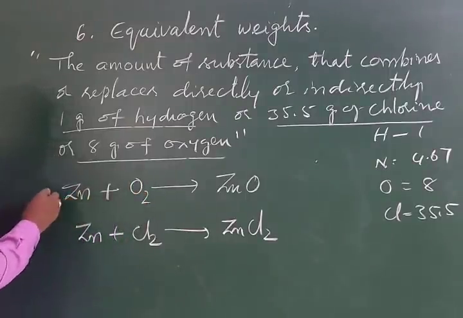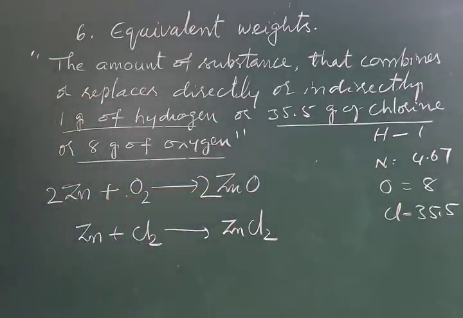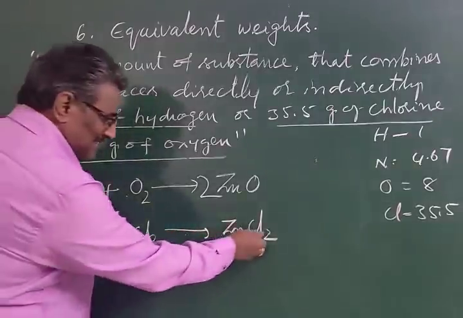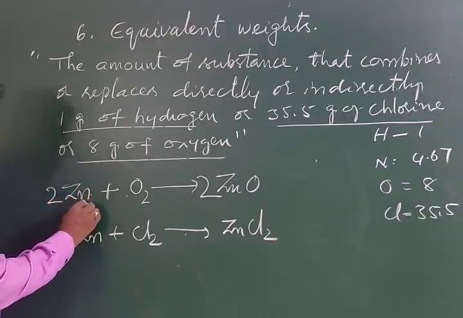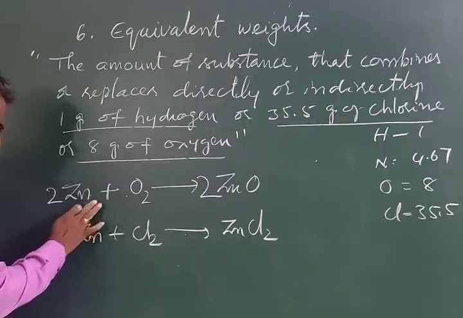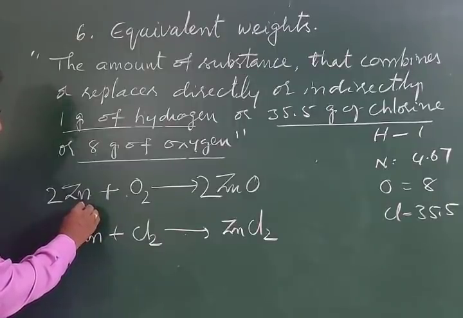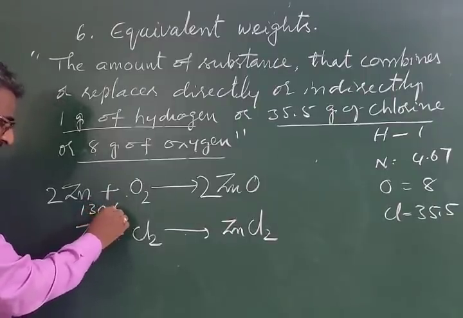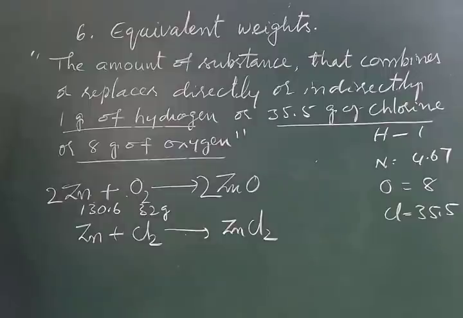Here the balanced equation is 2Zn plus O2 gives rise to 2ZnO. And Zn plus Cl2 gives rise to ZnCl2. Both are balanced equations. Here the atomic weight of zinc is 65.3. 2 moles of zinc means 2 into 65.3, that is 130.6. Oxygen is 32 grams.